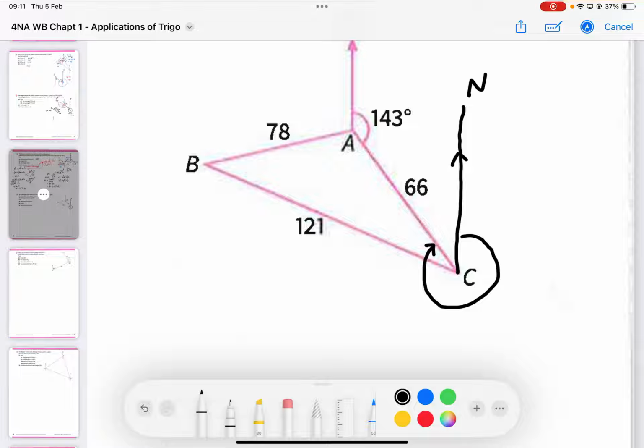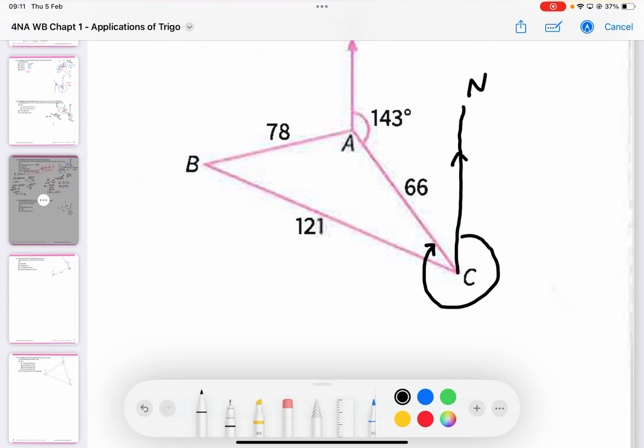What is the property that we will use if I want to use 143 to find this angle? Yes, very good. Kai Ying said interior angle, because here parallel. So there is a C shape here. This C shape interior angle 143. So this one must be 180 minus 143 because they will add up to 180.